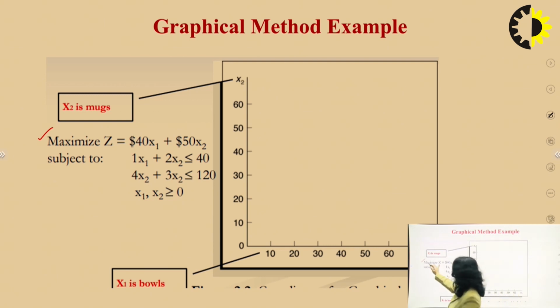Our objective function was to maximize Z equals $40x1 plus $50x2. X1 was the number of balls that must be produced per day, and X2 was the number of mugs which should be produced per day. The 40 and 50 were the profit per day, and we want to maximize our profit.